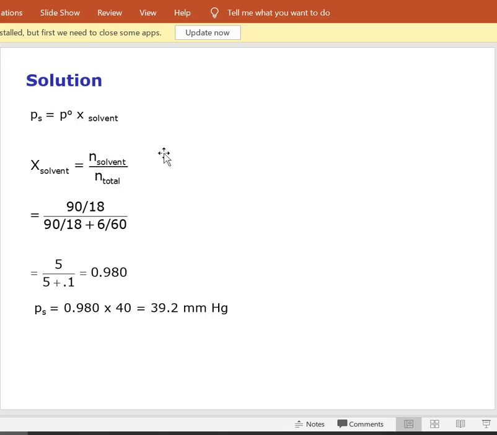The vapor pressure of the solution according to the formula: PS is equal to P0 into X of the solvent.